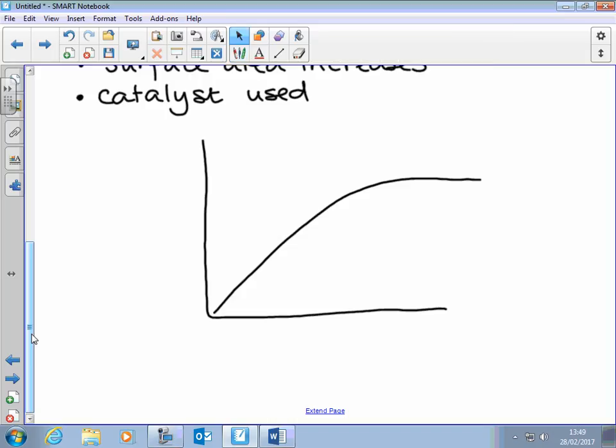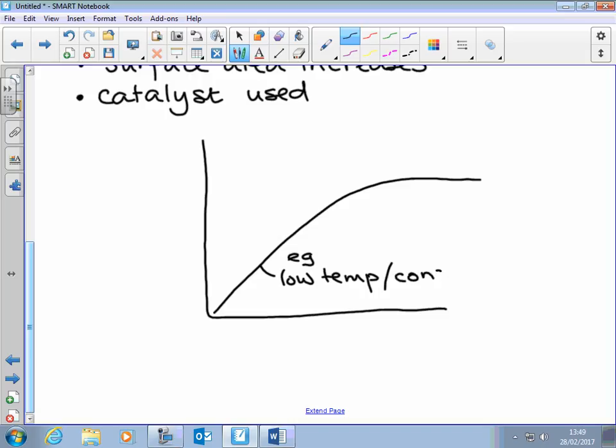I'm going to use the abbreviation CONC for concentration. If we were to raise the temperature or the concentration, it would just go off faster and get to the same point quicker. It doesn't make any difference to that bit, but this is your higher temperature or concentration.